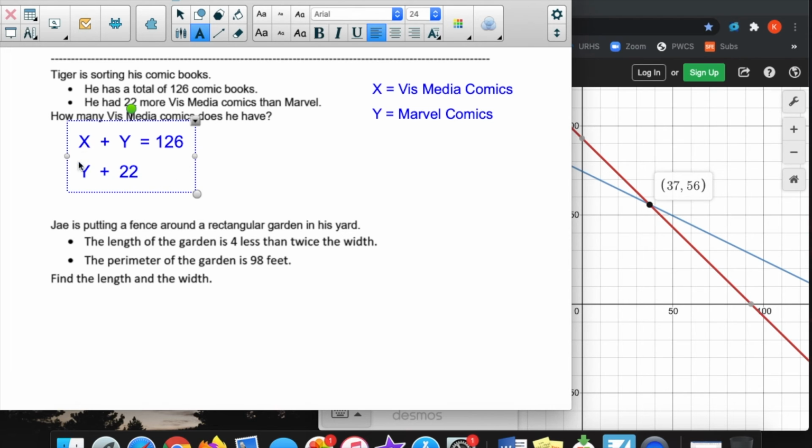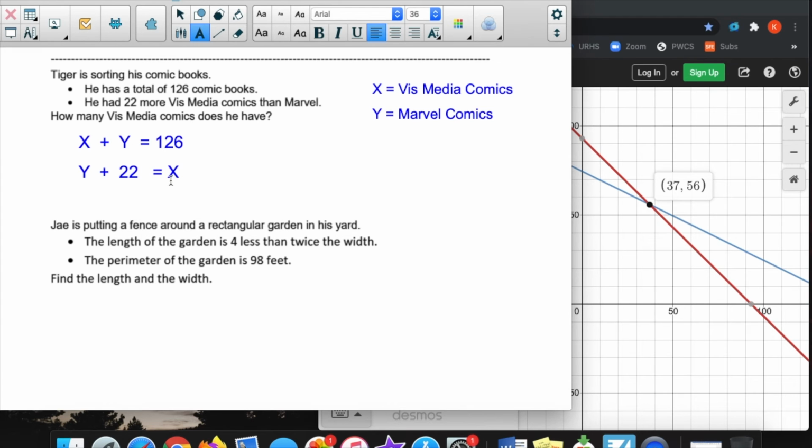That's a weird setup, and this is the hardest part, so it might take some practice. You take the amount of Marvel comics plus 22 to get the amount of Viz Media comics.